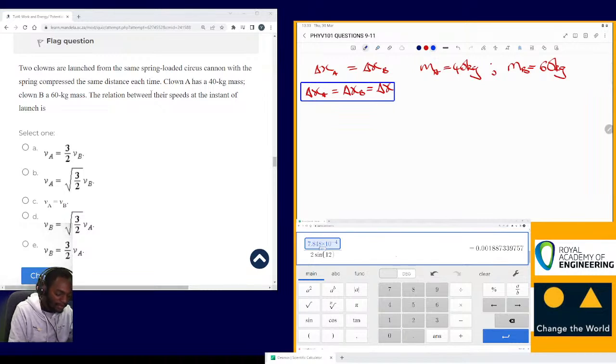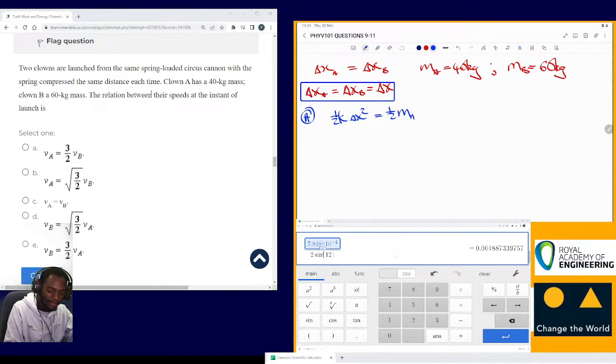So for A, what are we going to have? The work done in loading the spring, we know it's half k, and we're told that the extension is the same, so it's going to be delta x squared, equal to half mv squared, the kinetic energy, but this is half the mass of A, right?